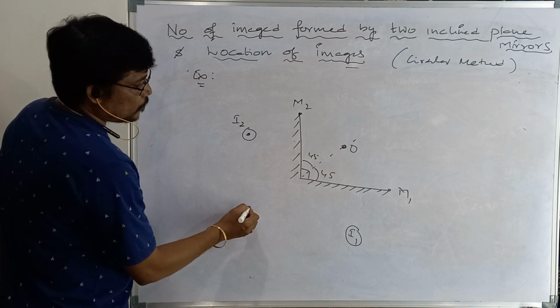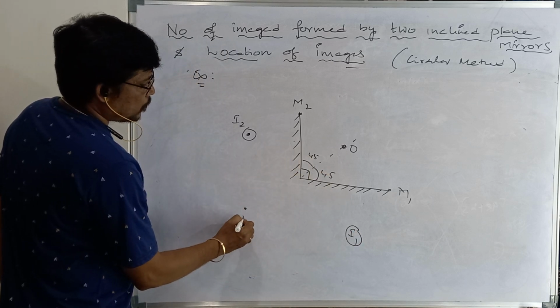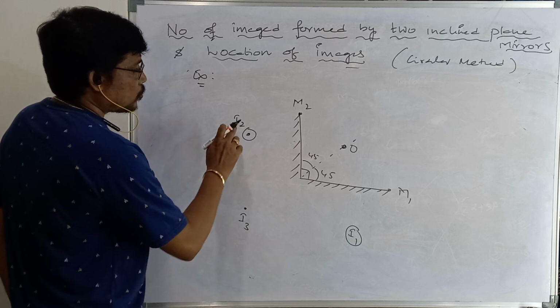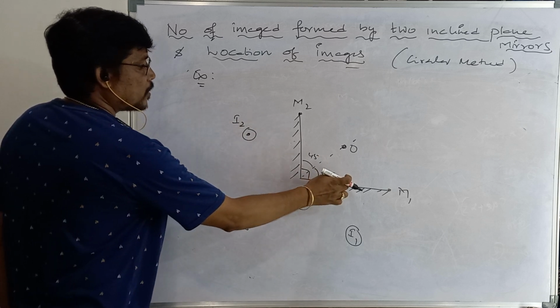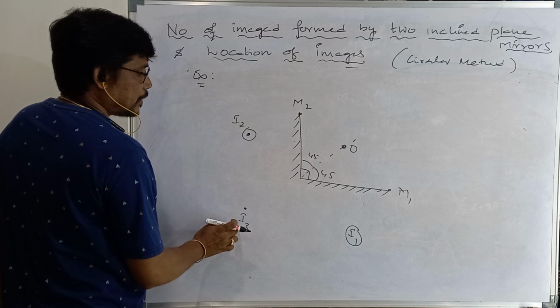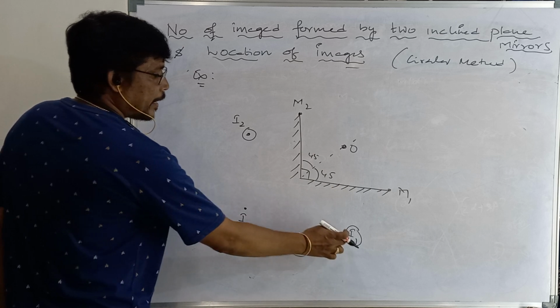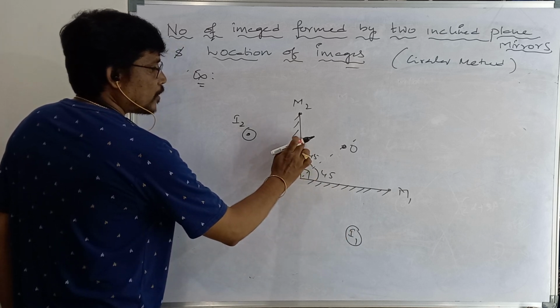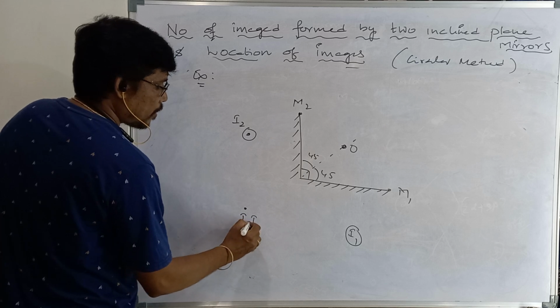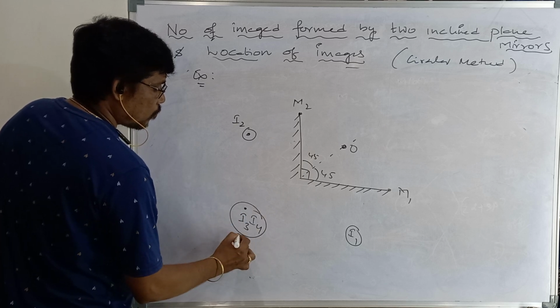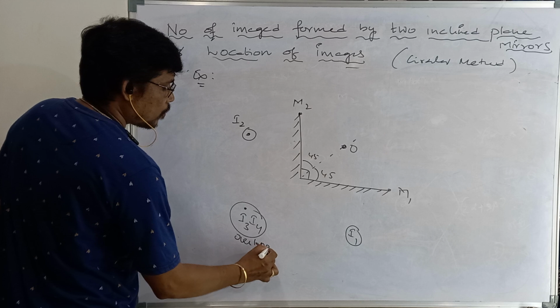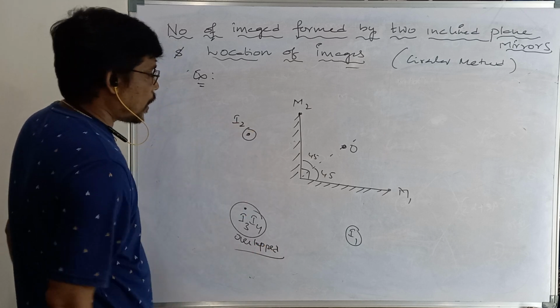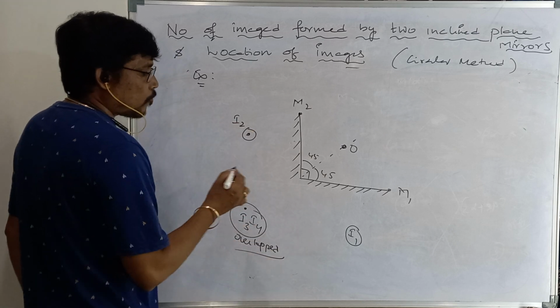One image is formed somewhere here. This is I3. This will act as an image for this mirror, that is I3 at this position, and this will act as an object for this mirror, again giving the same I4. Both are overlapped.